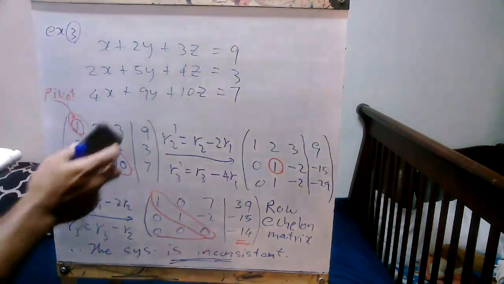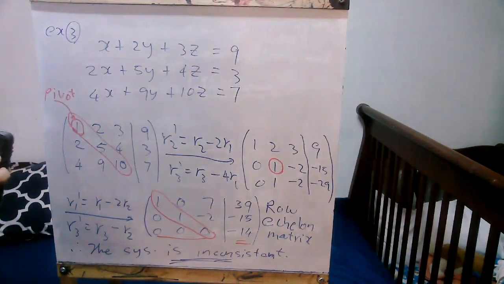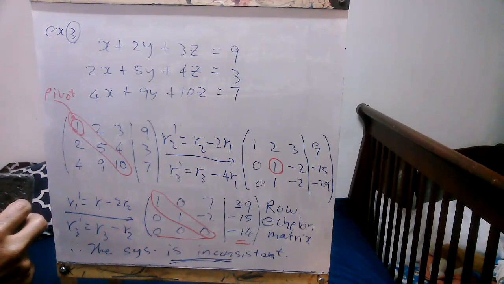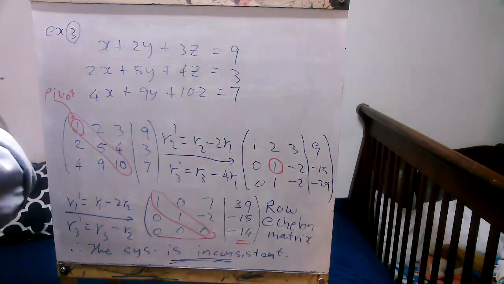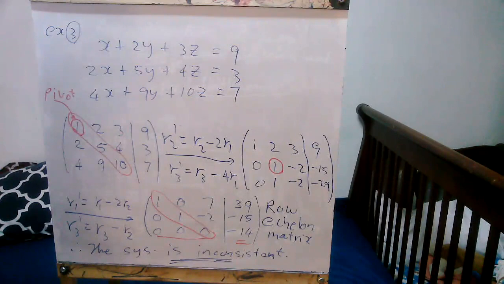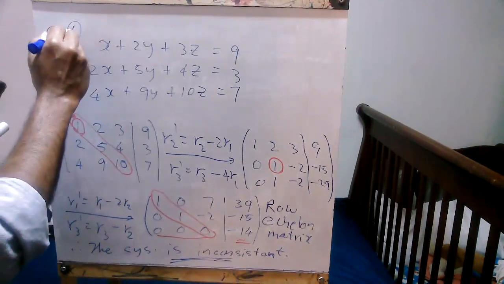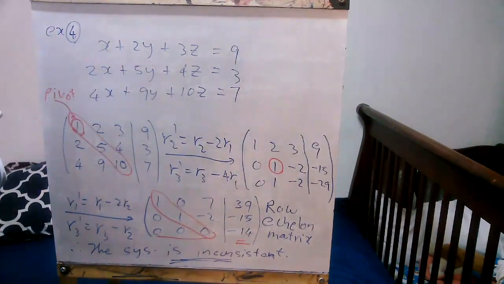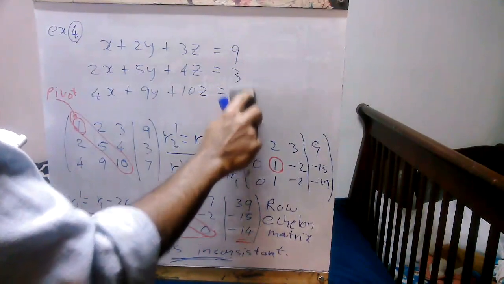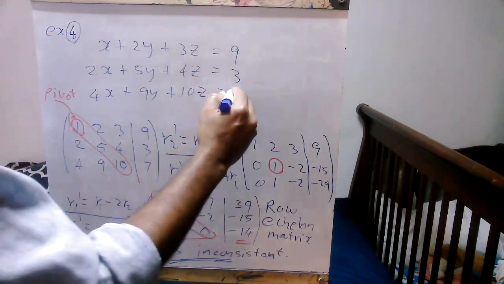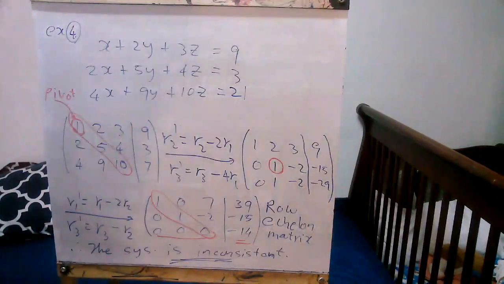Okay, let's do this example. This is example 2 in the book on page 664. I changed it to our number 4 here. The only difference is they changed this to 21, right?